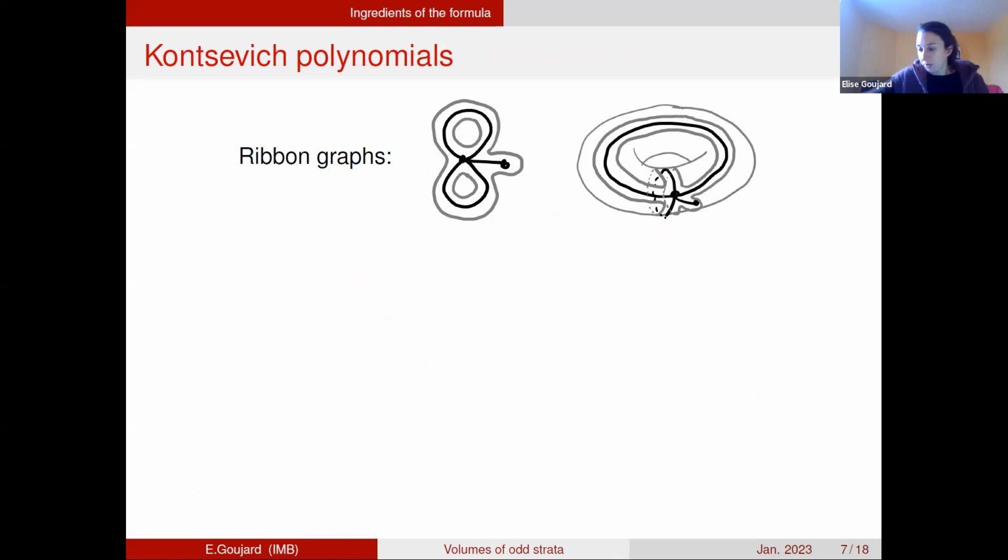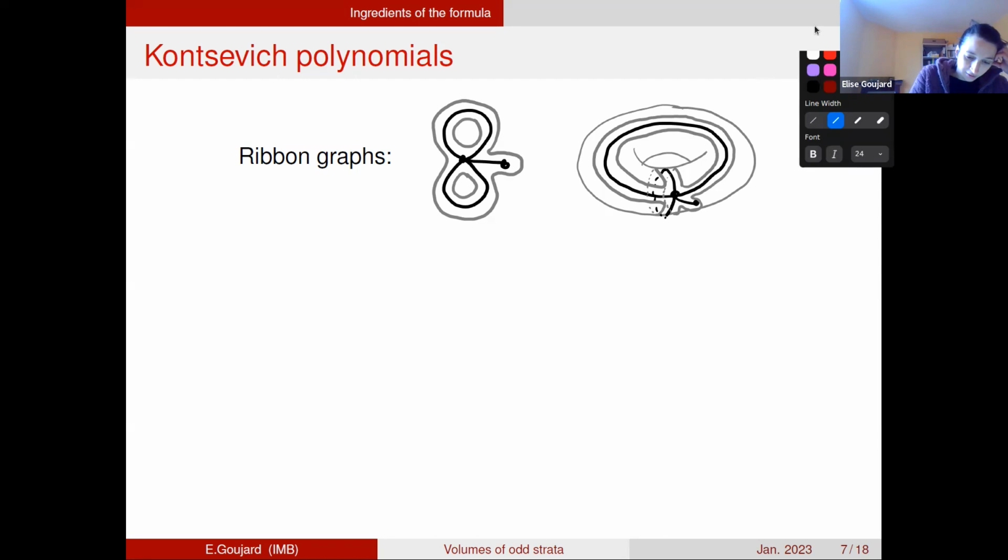And to go into the proof of this formula, I need to speak about ribbon graphs. So what are ribbon graphs? There are several ways to define ribbon graphs, but you can think of them as graphs embedded in surfaces. So a graph with a tubular neighborhood, if you want. Okay, so for instance, these two graphs are just the same as graphs.